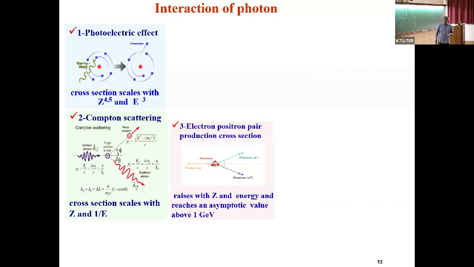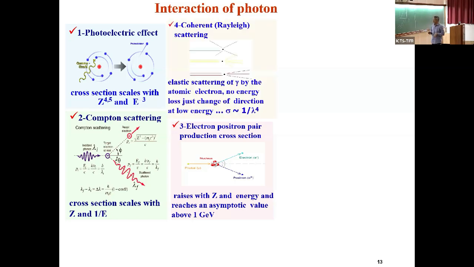Now, sometimes we also have to detect the photons. I did not show this slide in the preschool because that was different, but here you explicitly need it. So this is the interaction of photons. Conventionally you read about the photoelectric effect, Compton scattering, and electron-positron pair production. These are the three processes you know.